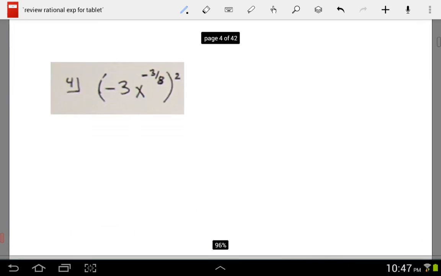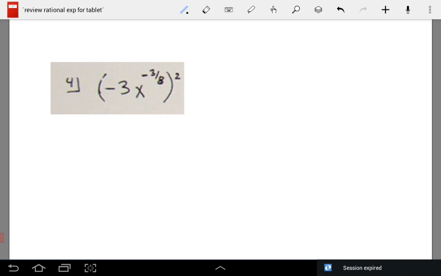Okay, on number 4, now again we're just doing something to a power of 2. Now -3 squared, I don't really have to separate this one out. -3 squared is just 9.